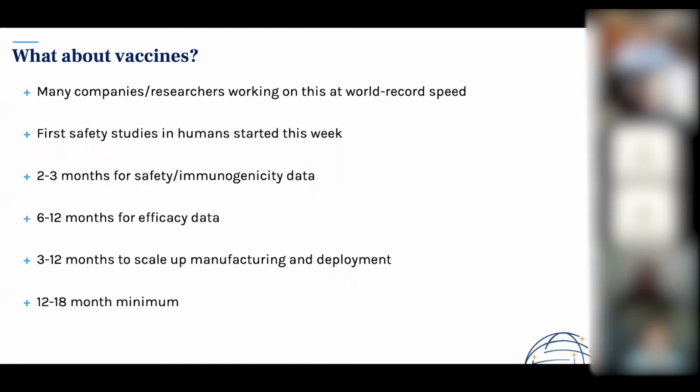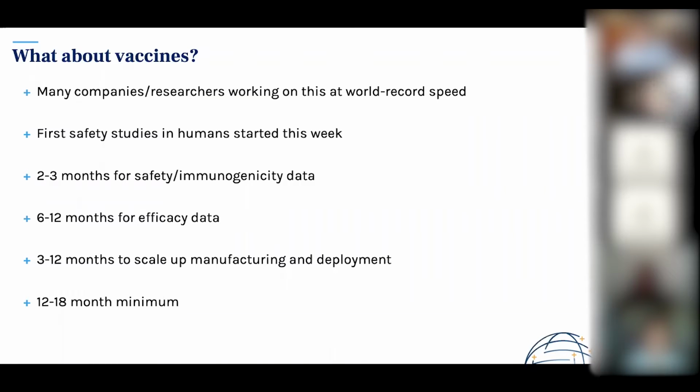I think we could have a vaccine in the next 12 to 18 months, and that would be by far a world record for any vaccine. The first human studies actually started a few weeks ago in the United States, in Europe, and in China, and in Japan and Korea and other places.